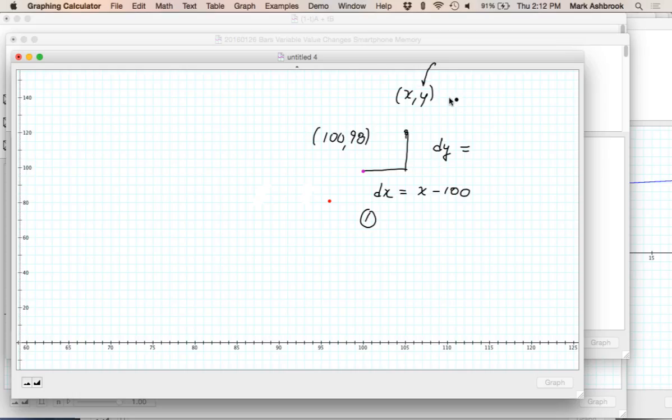Oh, right. So we want to use constant rate of change instead. Let's use that dx that we have. So then dy equals m dx. And what did you guys calculate for m? 17 fourths. And dx is?